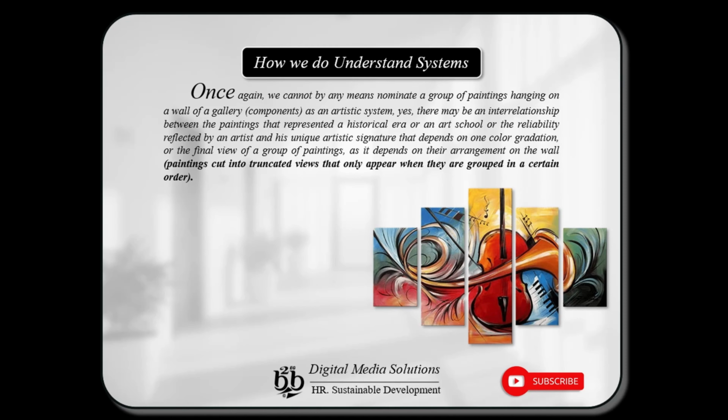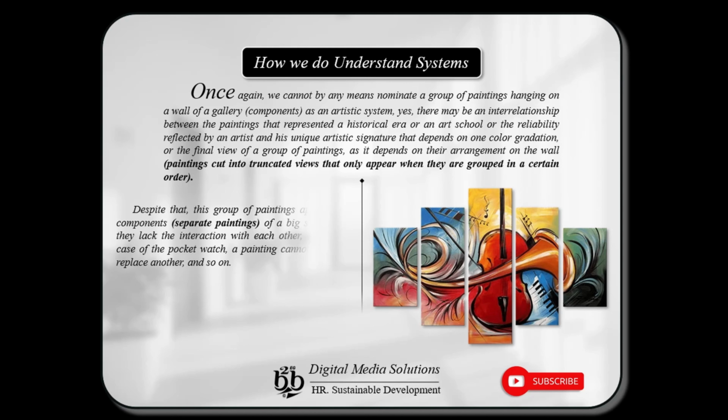Paintings cut into truncated views, that only appear when they are grouped in a certain order. Despite that, this group of paintings appears as components, separate paintings, of a big scene, but they lack the interaction with each other, as in the case of the pocket watch. A painting cannot move to replace another, and so on.